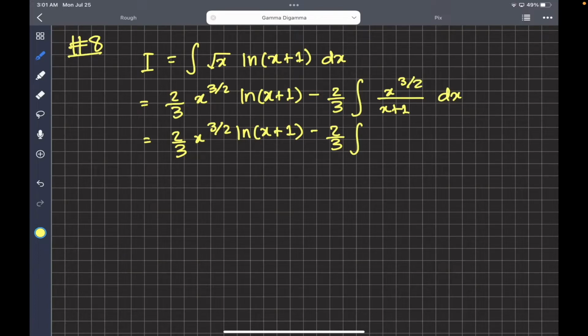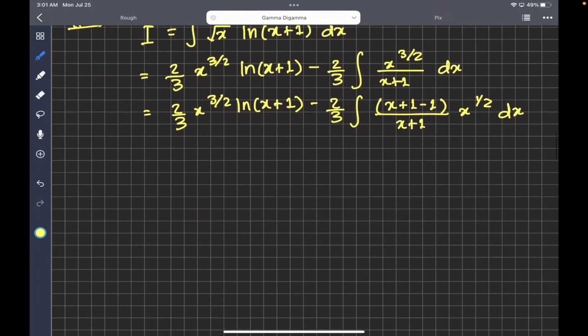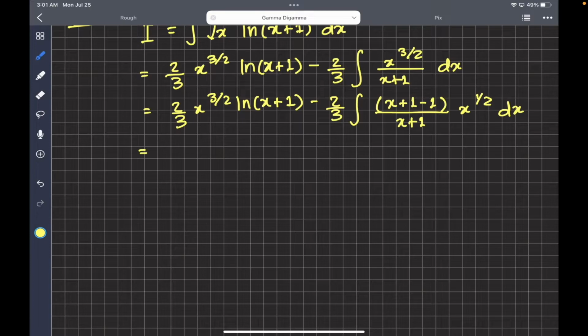What we can do is x to the 3 halves is x times square root x. So that x I can write as plus 1 and minus 1. That's essentially adding zeros. That doesn't do much. And x to the 1 half, because x times x to the 1 half is x to the 3 halves. How did that help? Because we can use linearity, split the second term completely.